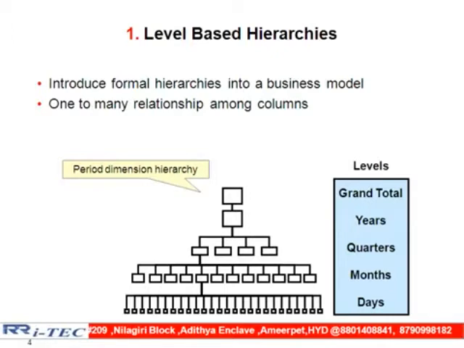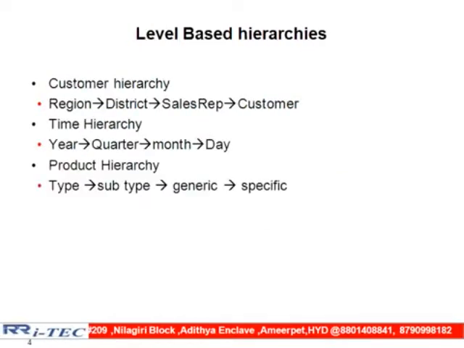If I give one example also: 1 year contains n number of quarters, a quarter contains n number of months, a month contains n number of days. This is one hierarchy. Always it is going one to many. Yes or no? That one-to-many relationship among columns is called level-based hierarchy.